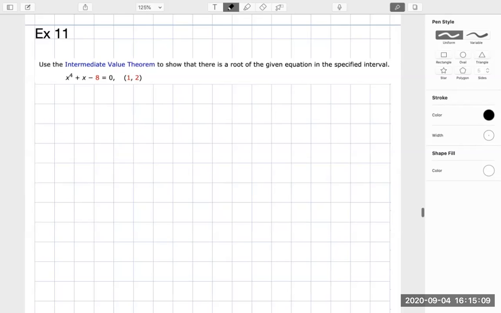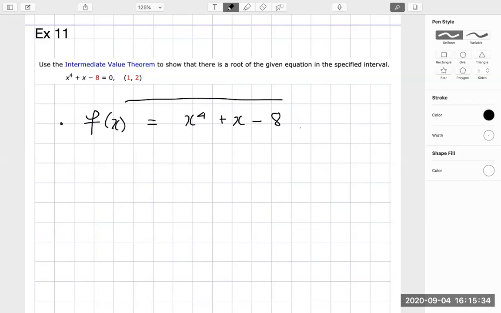Use the intermediate value theorem to show that there is a root of the given function in the specified interval, from 1 to 2. Let us call the function f of x is x to the fourth plus x minus 8. Did we do it in class?